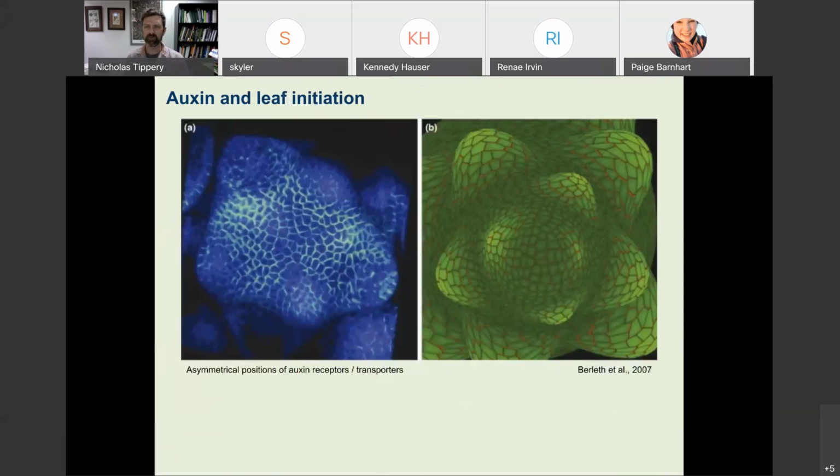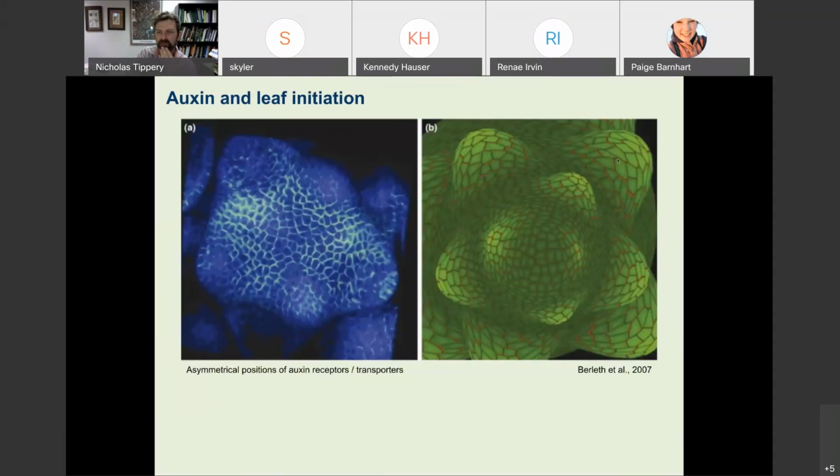We talked about phyllotaxis when we talked about the positions of leaves along the stem. The illustration that I showed you, very similar to this, identified that some cells are getting the signal to turn into leaves.